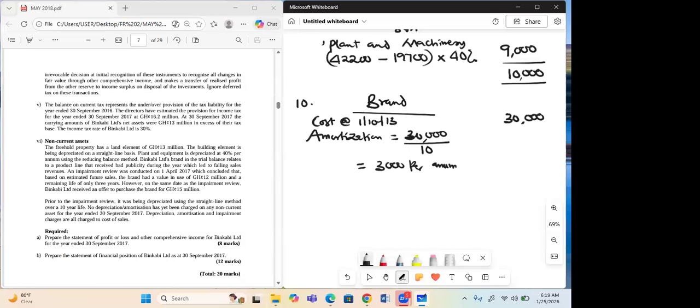Now, when did they do the impairment review? They said an impairment review was conducted on 1st April 2017, right? So that means they used it up to 1st April 2017. So let's find accumulated amortization up to 1st April 2017.